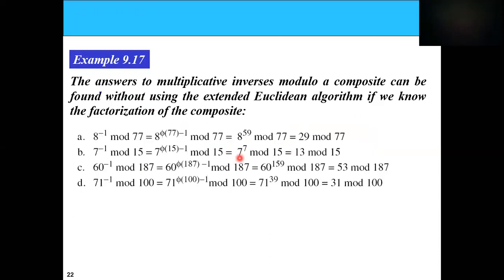So let us take one example: inverse of 8 mod 77. 77 is a composite number. So 8 to the power phi of 77 minus 1 mod 77 is 8 to the power 59 mod 77. This is 29. These three parts you have to do by yourself.